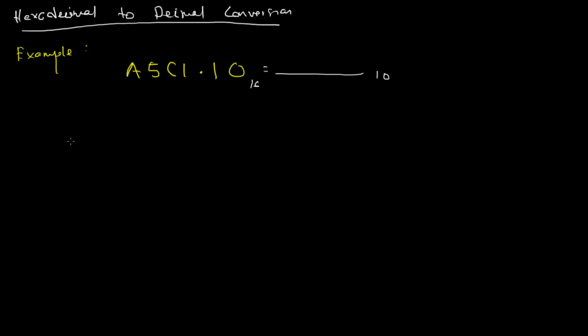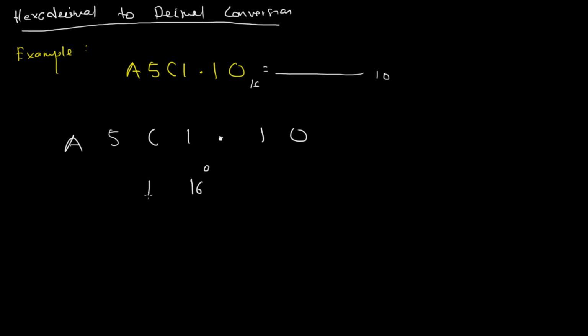Okay, let's do that. A5, C1, 1, 0. So this one is similar to what you have done in binary. In binary we multiply by 2 to the power of n minus 1, but here it's going to be 16 to the power of n minus 1.